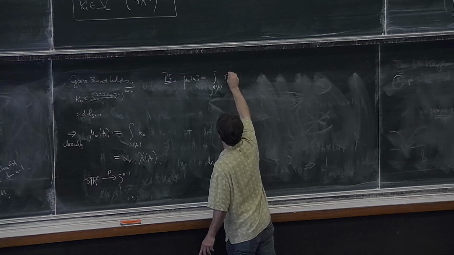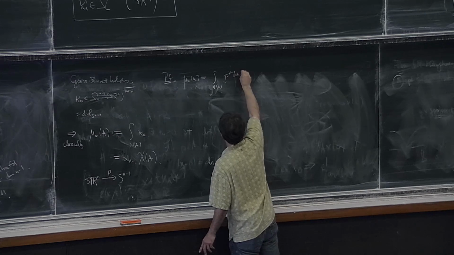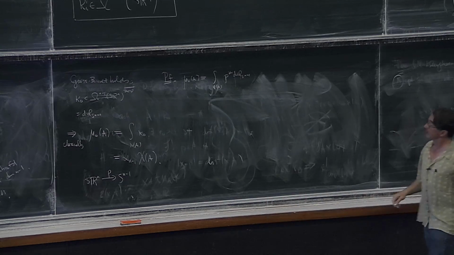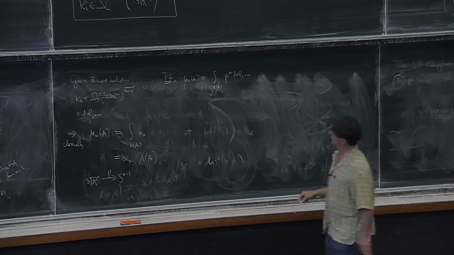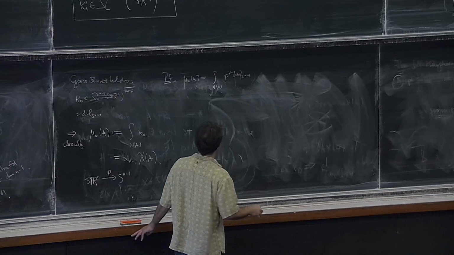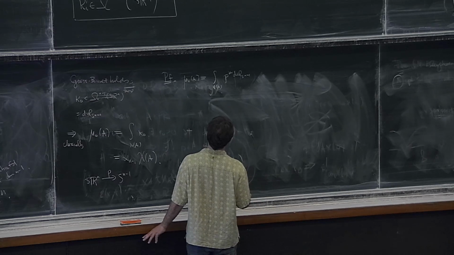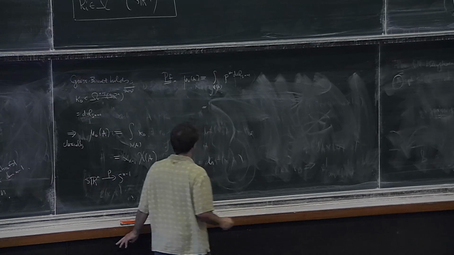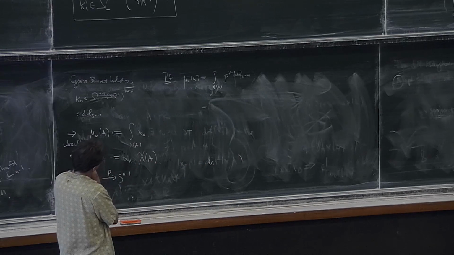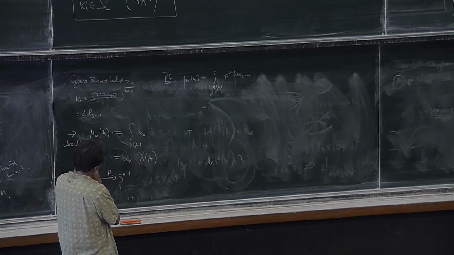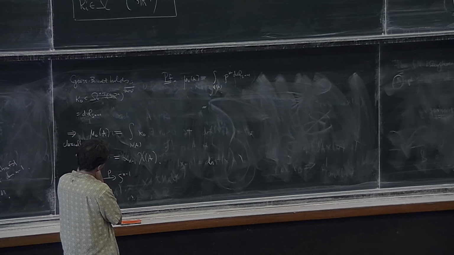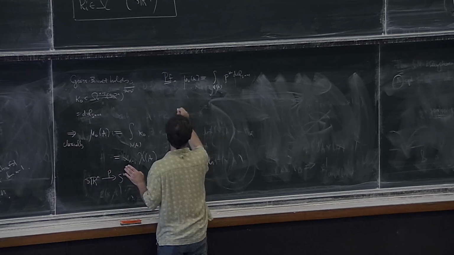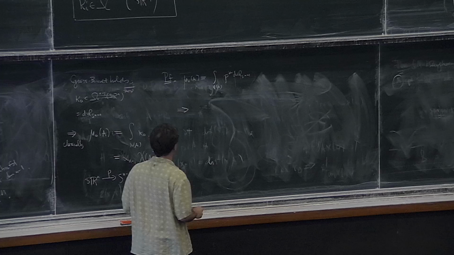So kappa 0 is just the pullback of the volume of the sphere under that. That's okay. Now, another way of saying this is as follows. Let me just say it, and maybe we can get to it later.